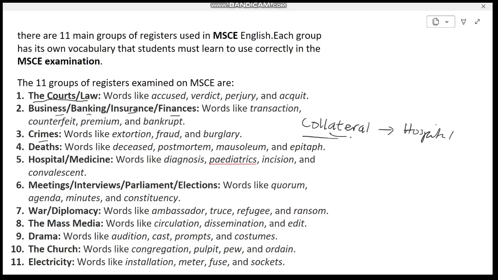Because that word is not really applicable there. You have things like crimes, death, basically in the medical field, but also in meetings, interviews, parliament, elections, war, diplomacy, mass media, drama, the church, electricity, and so forth.